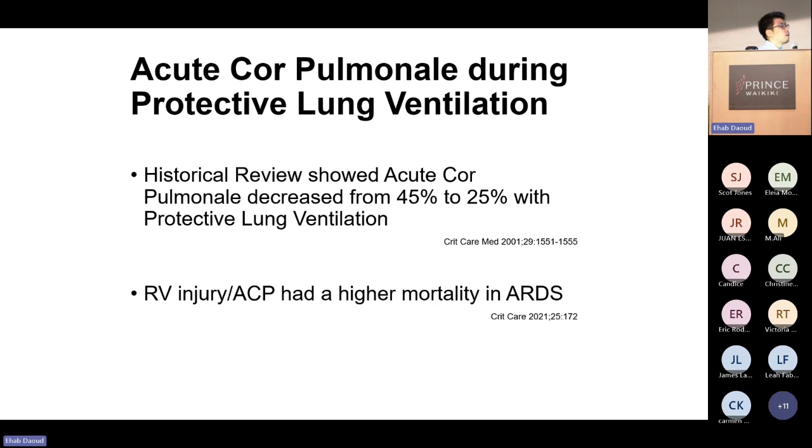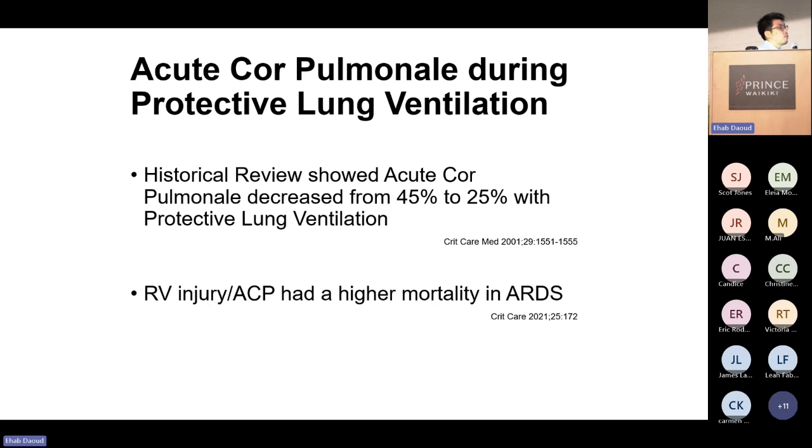Before protective lung ventilation became popular, the prevalence of acute cor pulmonale was 45%, which is extremely high. And we know if there is acute cor pulmonale or RV injury, it's associated with higher mortality in ARDS. But this actually decreased to 25% by doing protective lung ventilation.